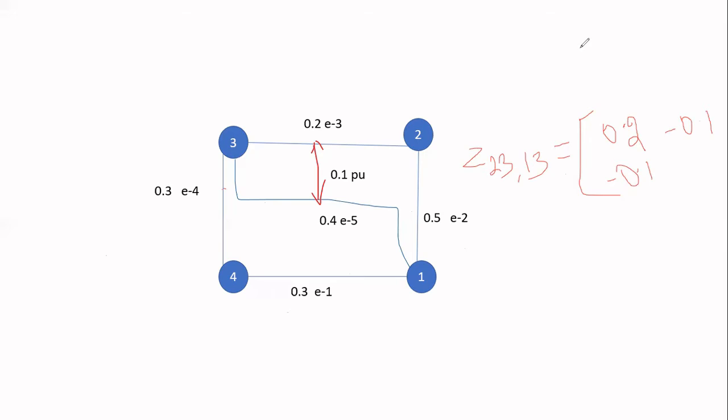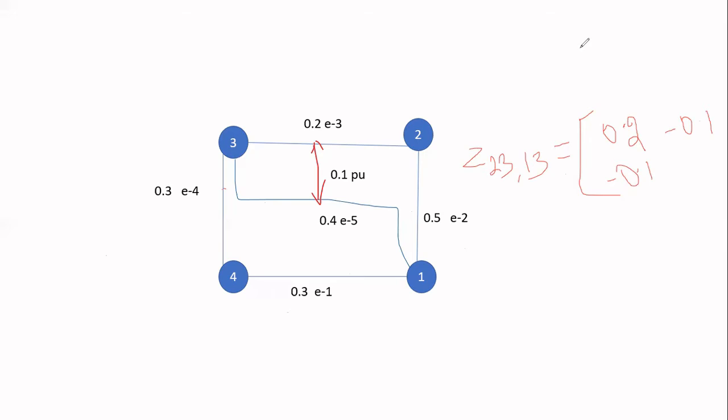Then for the rows and columns we mention the names: 2323, 1313. Y2323 is 5.71, Y2313 is 1.4, Y1323 is 1.42, and Y1313 is 2.8. Understand? This is the Y2313 matrix.